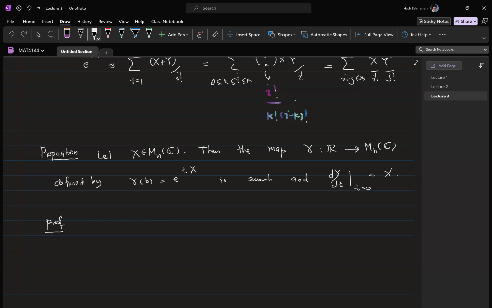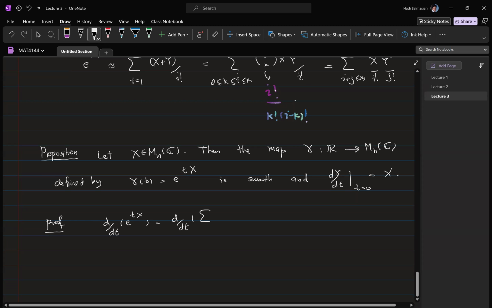Maybe I just should say that if you want to differentiate this, you want to differentiate x^n over n factorial times t^n. And you can differentiate term by term because the series is absolutely convergent.